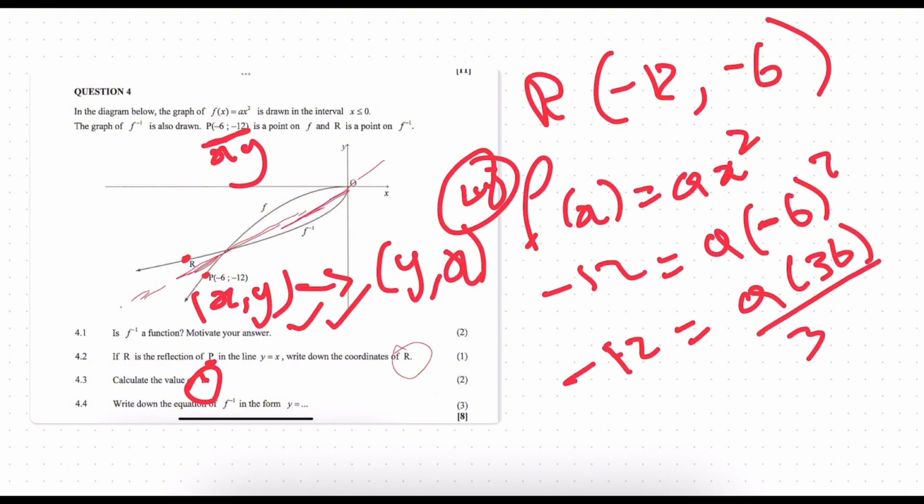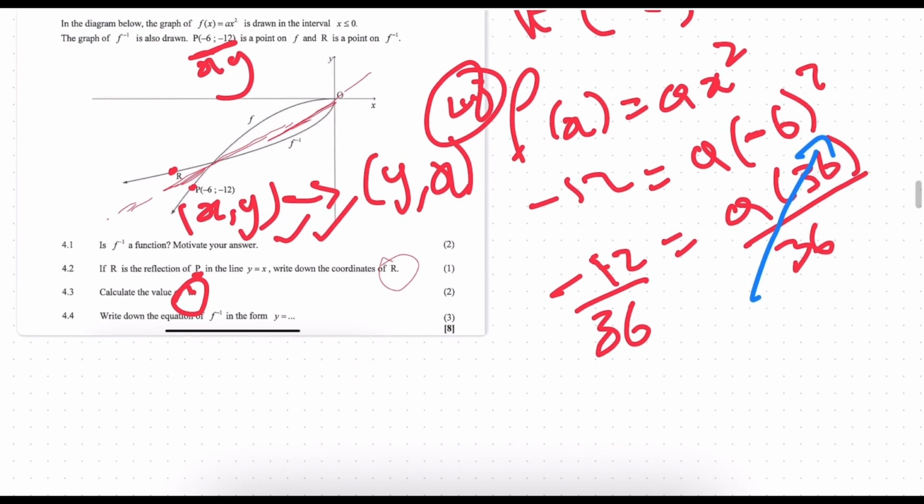Then you divide by 36 on both sides, and this will cancel. What is 12 divided by 36? Let me use multiples of 6: 6, 12, 18, 24, 30, 36.